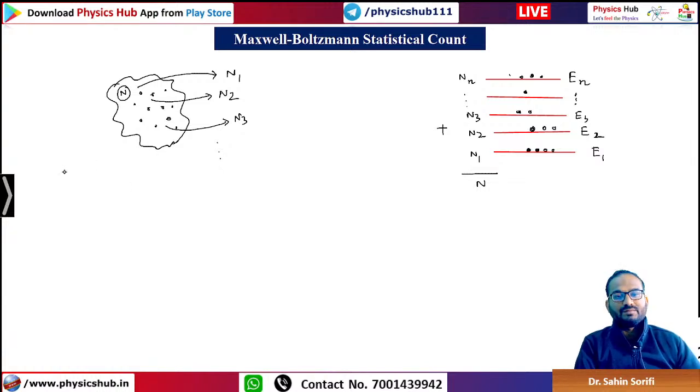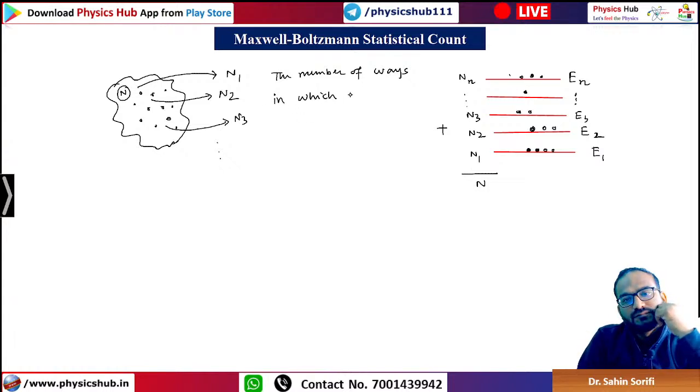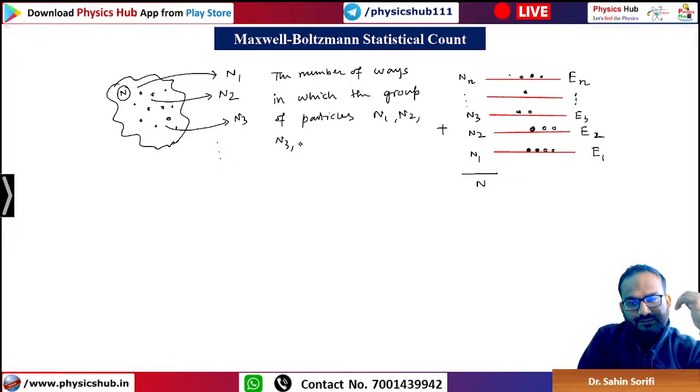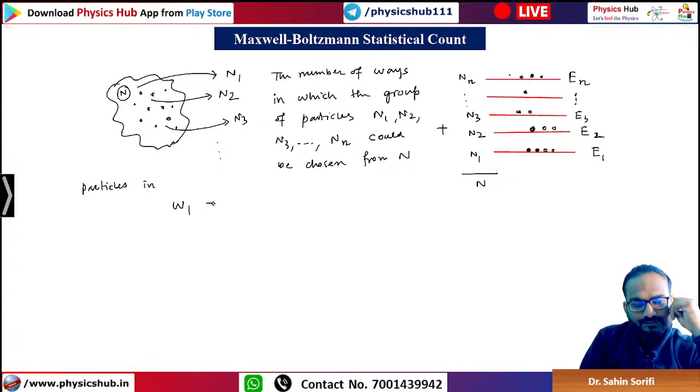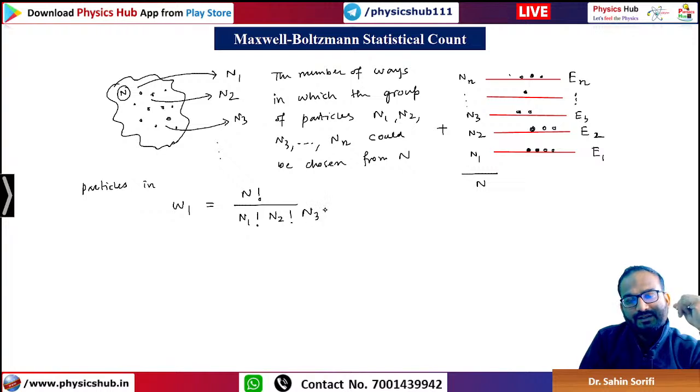If I calculate the thermodynamic probability, we can say that the number of ways in which the groups of particles N1, N2, N3 and so on up to Nn would be chosen from N particles is W1, which equals N factorial divided by N1 factorial, N2 factorial, N3 factorial, and so on up to Nn factorial.